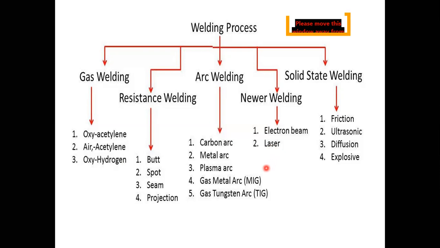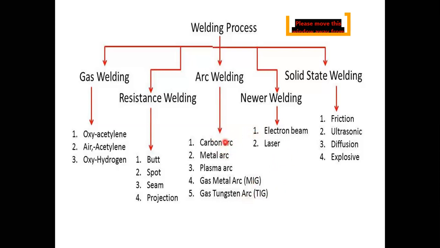And gas tungsten arc welding. I will explain everything one by one, because it is very interesting, and if you know this, sometimes tricky questions come: which type of gas, how much temperature. And also plasma arc welding and gas tungsten welding.